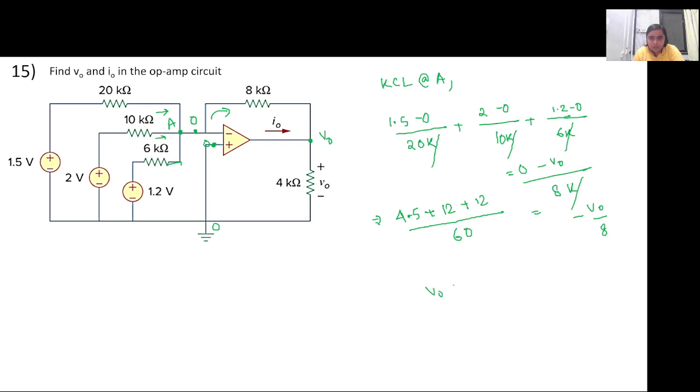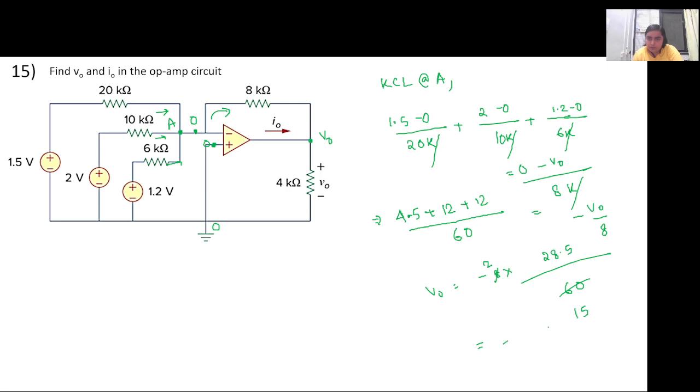So V naught will be equal to minus 8 into 28.5 by 60.